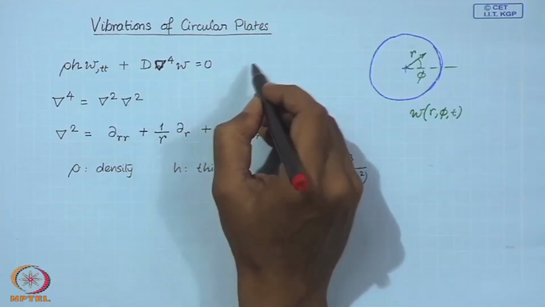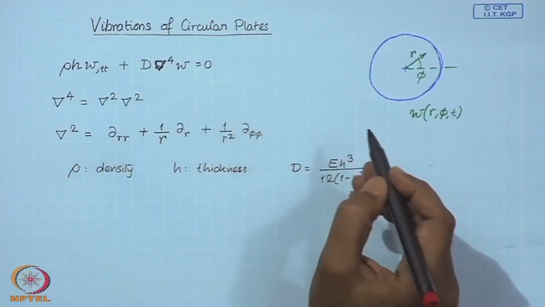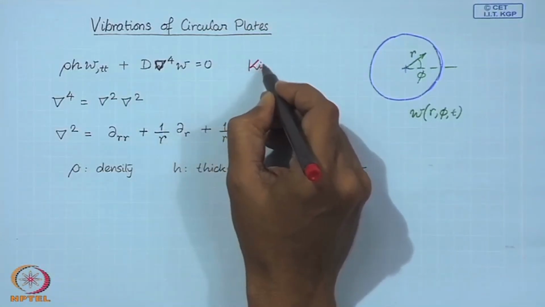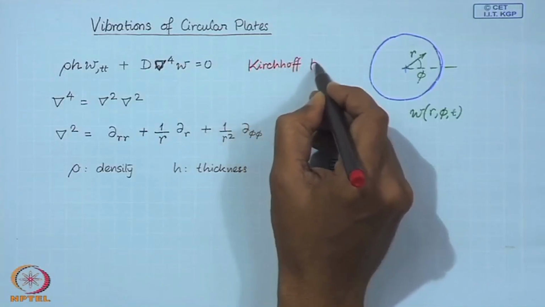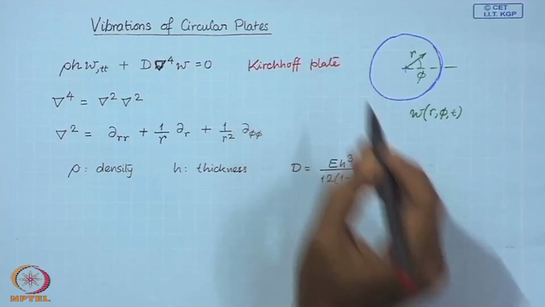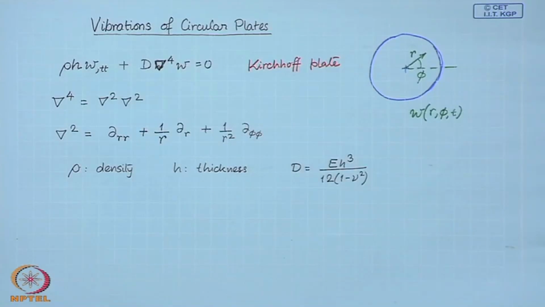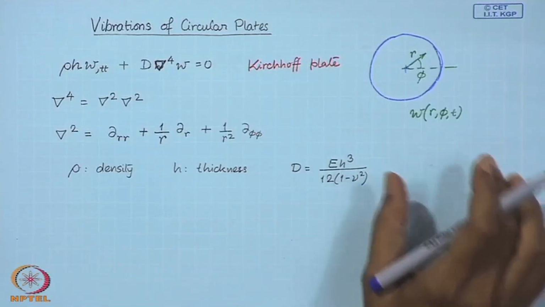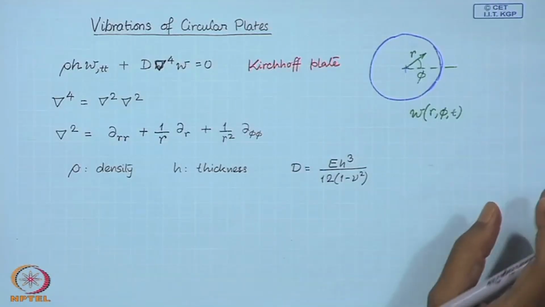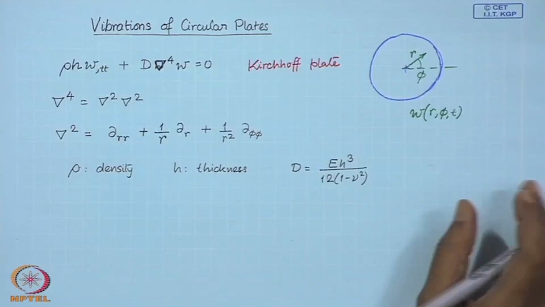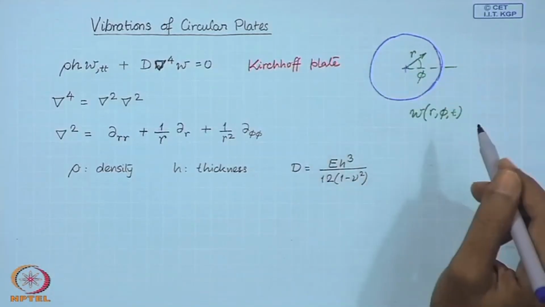Now, this is the Kirchhoff plate model. So, we are going to look at the vibrations of circular plates. Essentially, we are going to solve the eigenvalue problem for various kinds of boundary conditions.